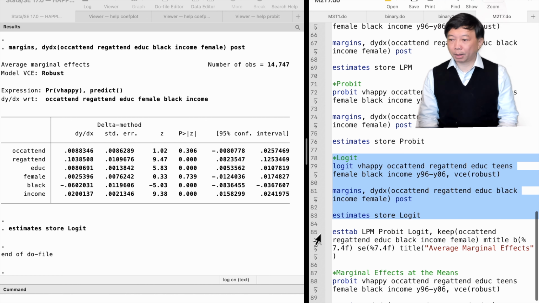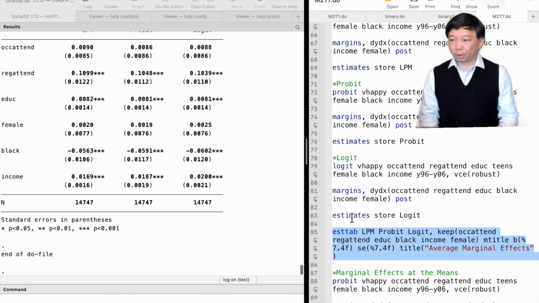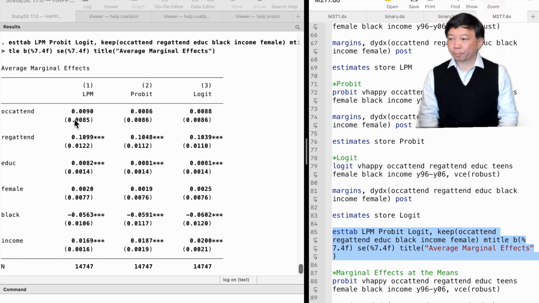The margins command produces the average marginal effects. That is, it computes the marginal effects for each observation and then averages them across the sample. We use the estimates table command to list the average marginal effects for the three specifications. The average marginal effects are close to each other.